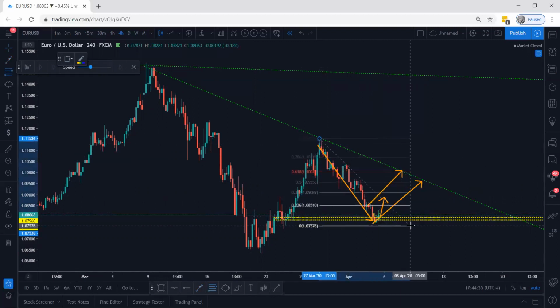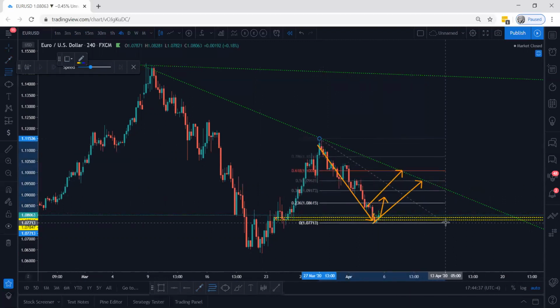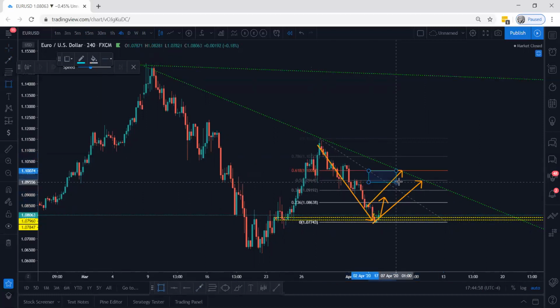And again, if you use a Fibonacci or engulfing candles, you're going to be able to identify that price is probably either going to come into this 50 zone or this 68 zone. So I'm going to look for price to pull into this area.